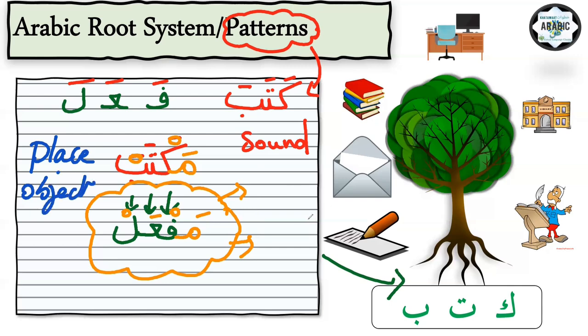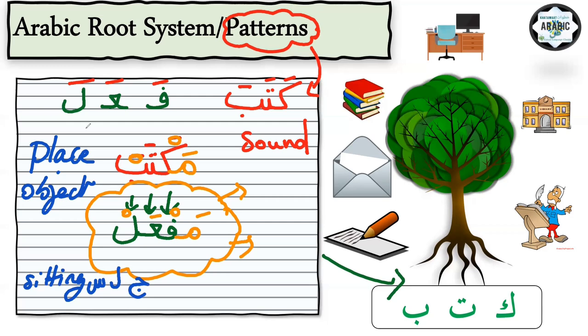I could be learning a new meaning, and the meaning can be sitting. The meaning for sitting is jim, lam, and sa. If I find jim, lam, and sa in a word, that means the word has something to do with sitting.